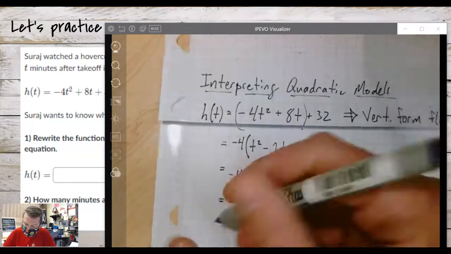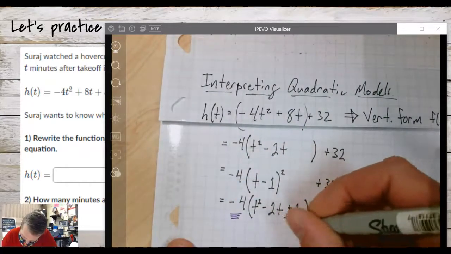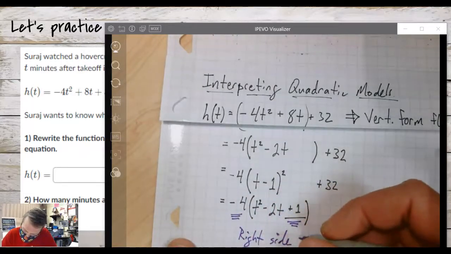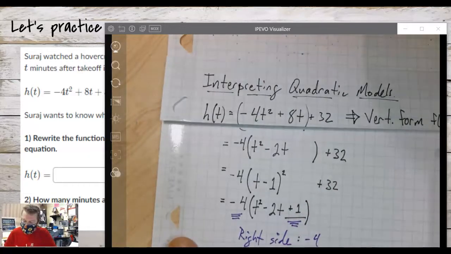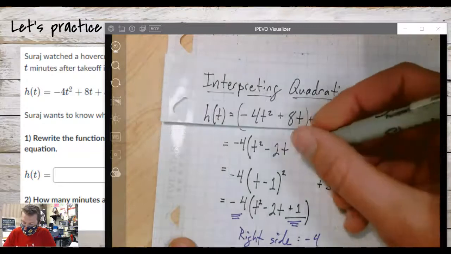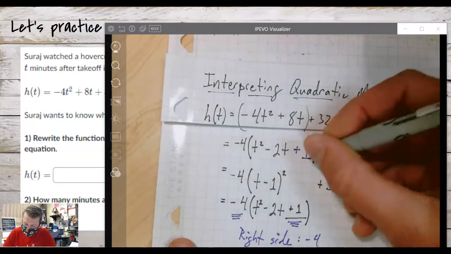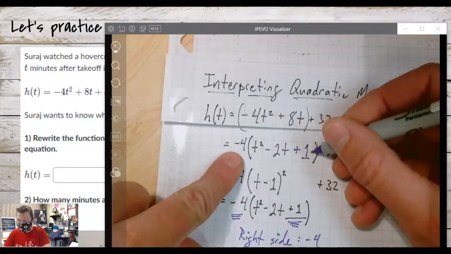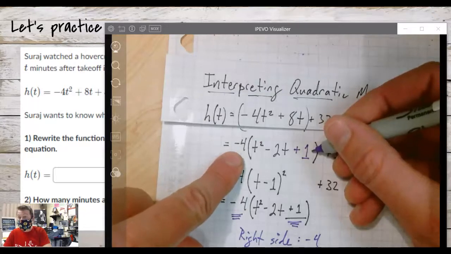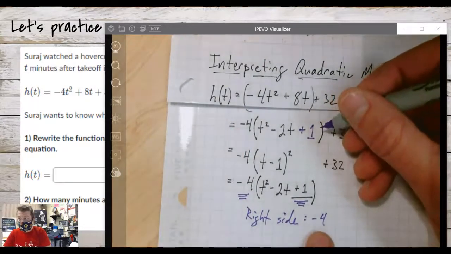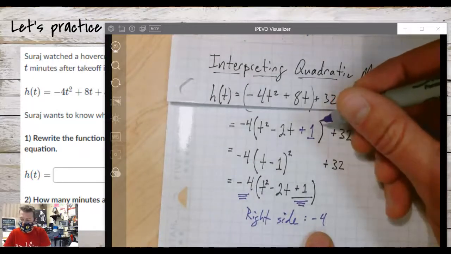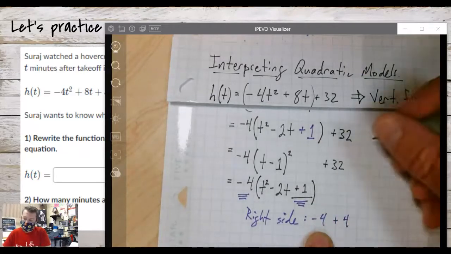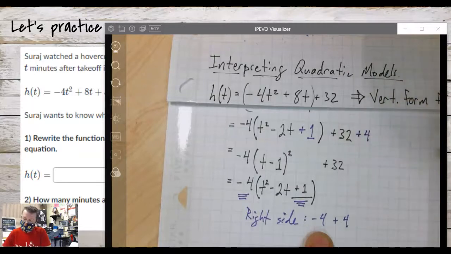On the right side, we brought in a negative 4, right? So for this up here to have the plus 1 necessary for it to be true, that's actually a negative 4. So since we essentially subtracted 4, or brought in a negative 4, to compensate for that, we're going to add 4. So up here, we're going to add 4.